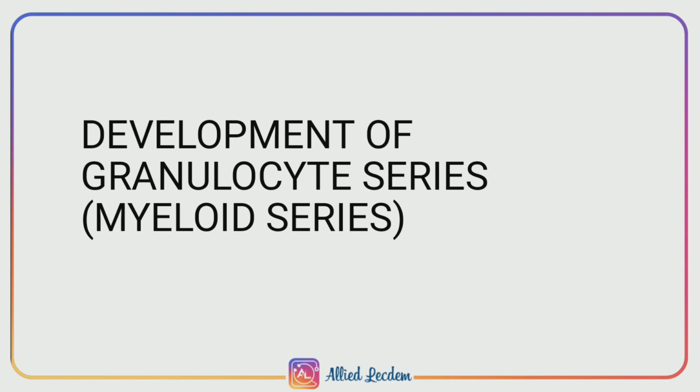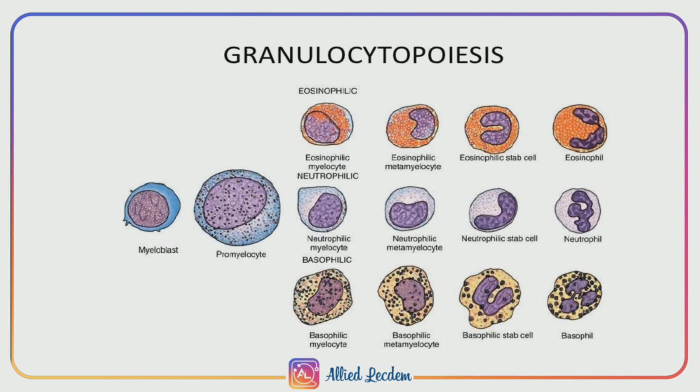Development of the granulocyte series, which is also called the myeloid series or granulocytopoiesis. When blood and bone marrow aspirated cells are stained with Romanowski stain, the following cells can be shown. Here comes the diagrammatic representation of granulocytopoiesis.